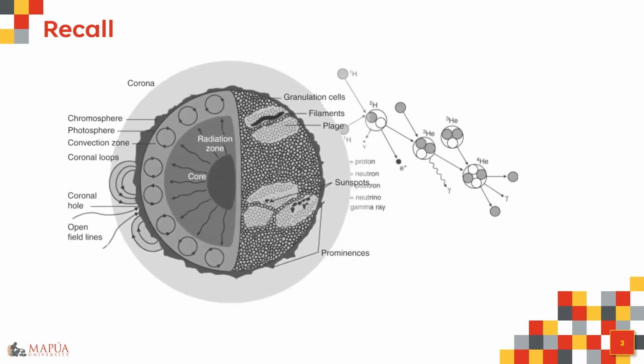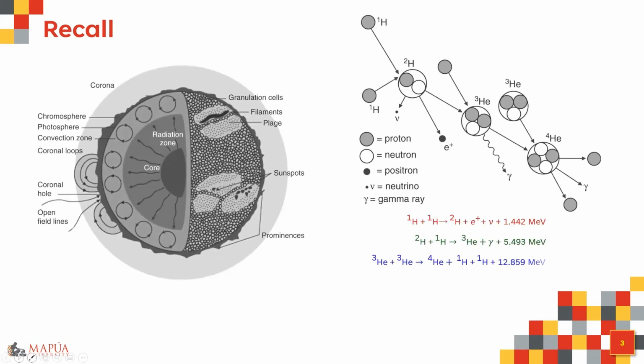We started with the discussion of the dominant process that generates energy in the core, which is the fusion between hydrogen ions in the form of protons, and it will yield helium ions.